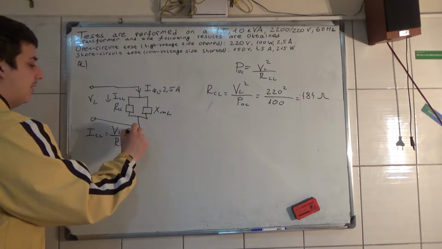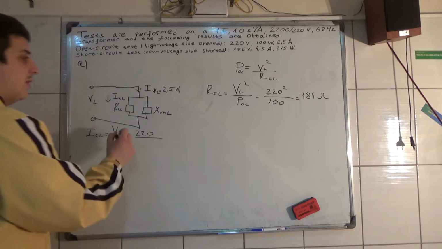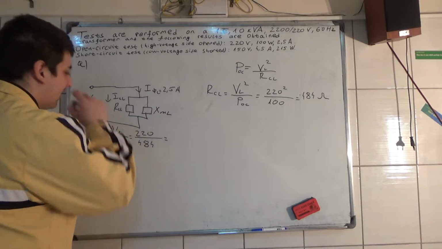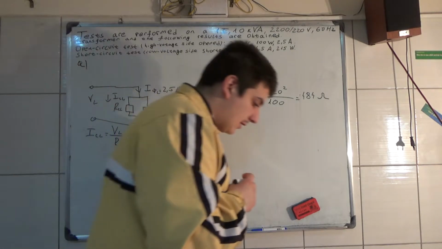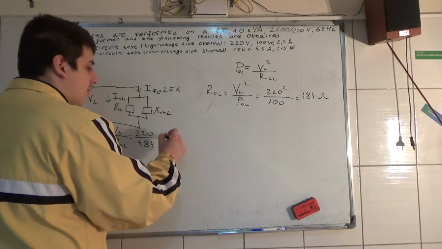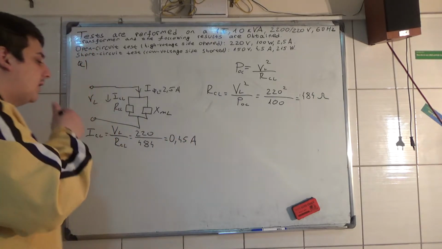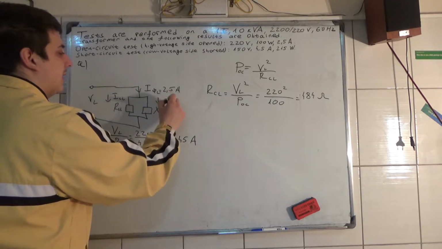We get 220 volts divided by 484, and that is equal to 0.45 amps.